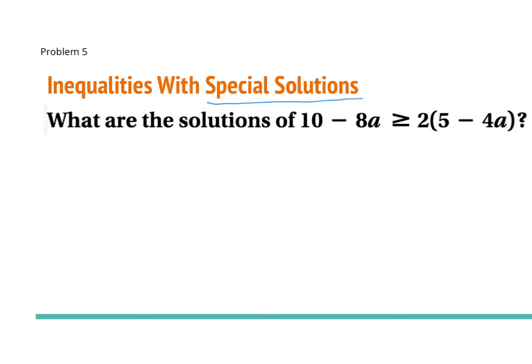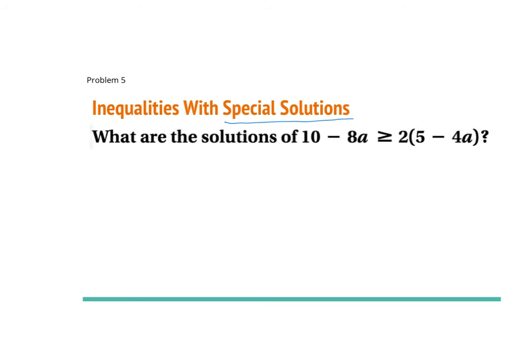So there was no possible solution for our variable that would satisfy the equation. Same thing happens for inequalities. So there's this thing where our variable could be all of the real numbers. So basically any solution, kind of like an identity. And there was also a case where there's no possible solution for our answer, okay?